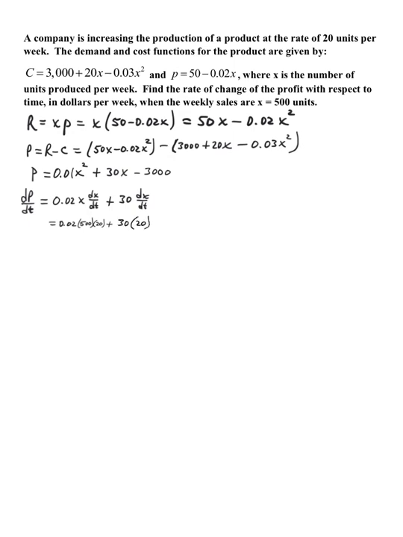The first group of terms, 0.02 times 500 times 20, that's equal to 200. The back group, 30 times 20, how much is that? 600, for a combined total of $800 per week. And that's the rate of change of profit.